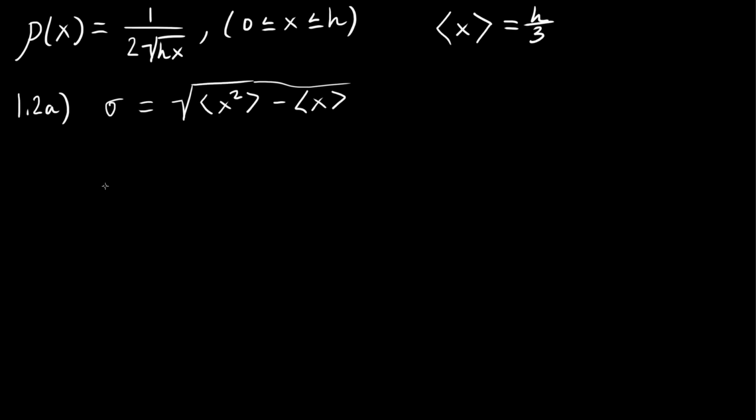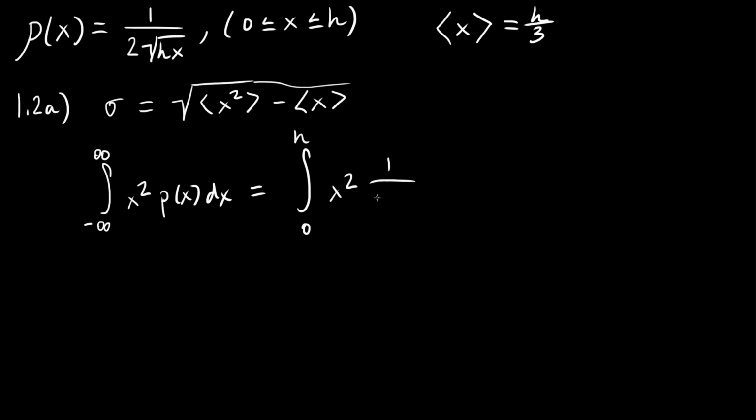And the way to do that is to take the integral from negative infinity to infinity of x squared p(x) dx. Since p(x) is only valid from 0 to h, that means the integral will be from 0 to h, of x squared times 1 over 2 square root of h x, dx.